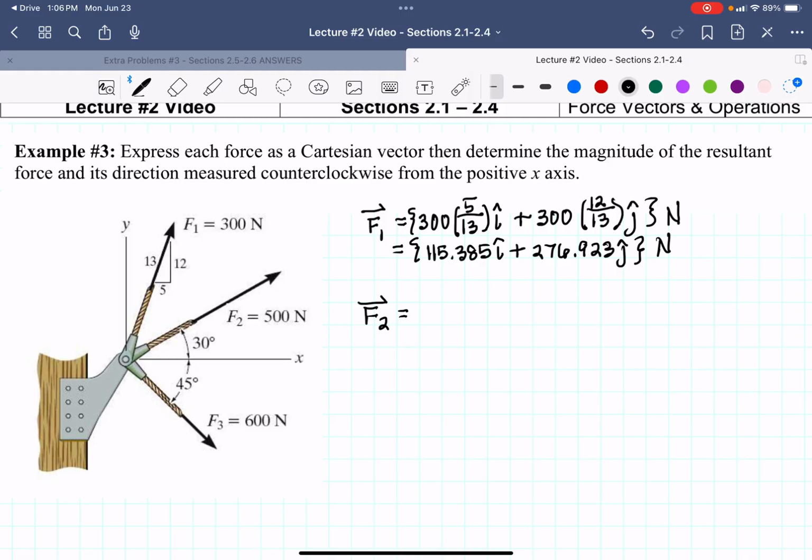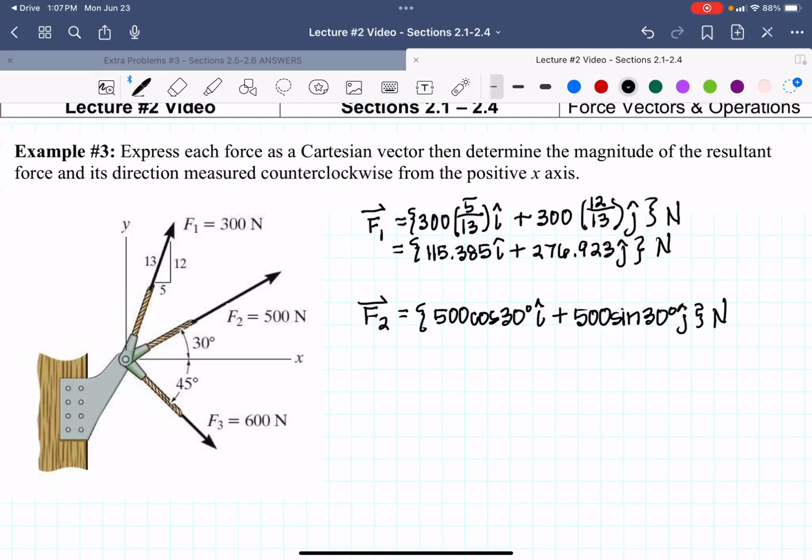Now F2, we have an angle. It's also got a positive x component, so we're going to take the magnitude of the force, and this time we're going to take the cosine to get the x component because it is on the adjacent side, so that's the I-hat. It is also a positive y component, so that's going to be times the sine of 30 degrees and the J-hat.